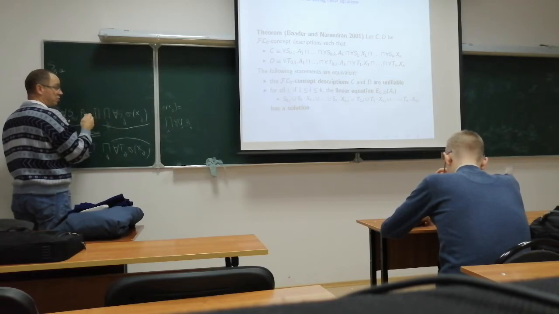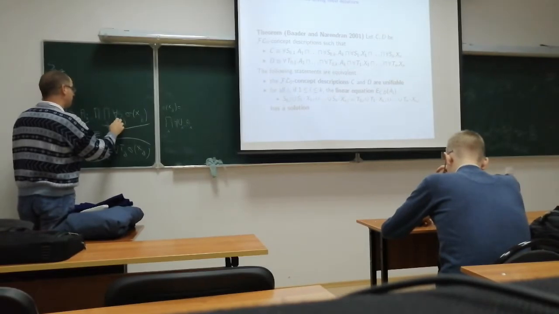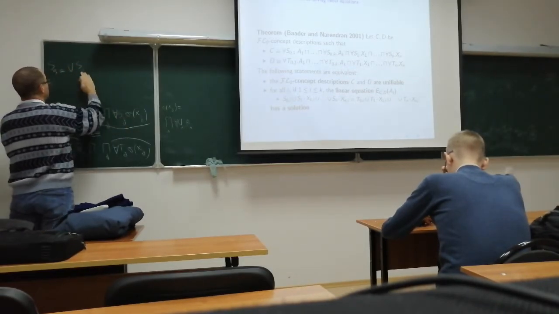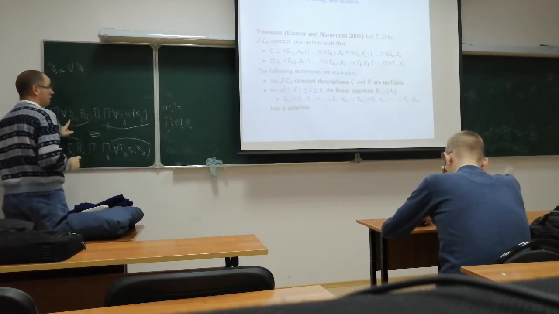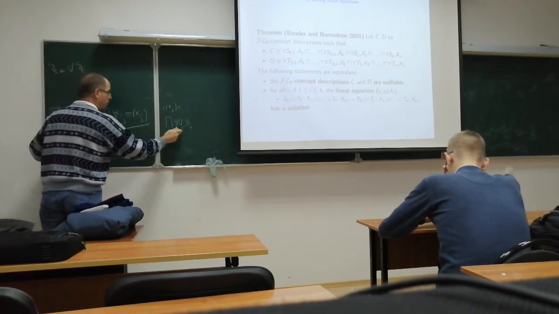The other sets corresponding to A2, A3, they don't exist. But here we have the union for all G, so from S1 to Sn.